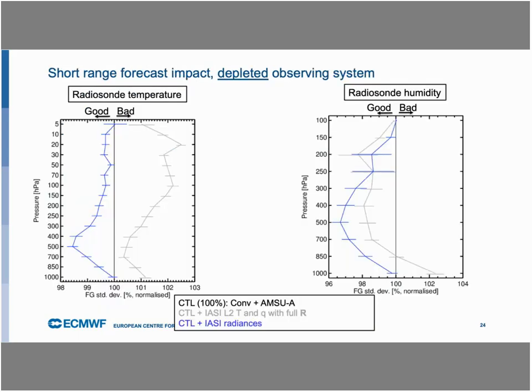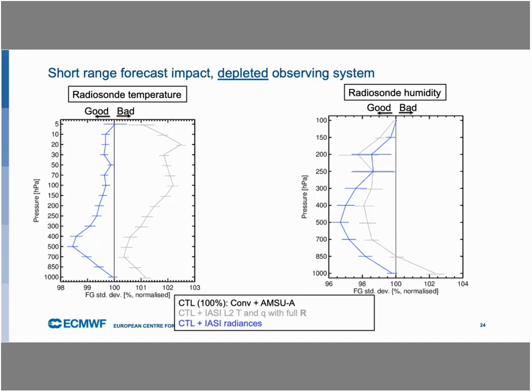And these plots are showing the impact on short range forecast in depleted observing system. So these are normalized plots for first guess standard deviation for radiance, temperature and humidity. Everything that is below the 100% line is indicating a positive impact, and everything that is above the 100% line is indicating degradation.